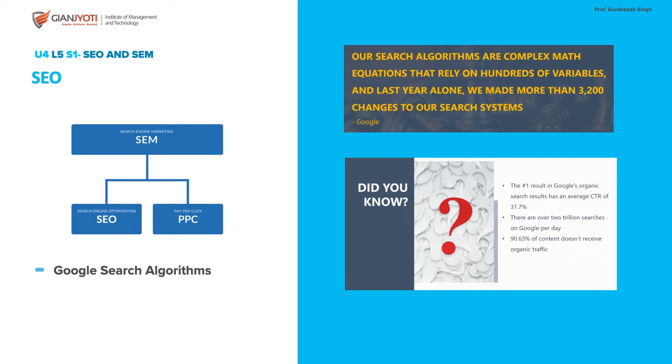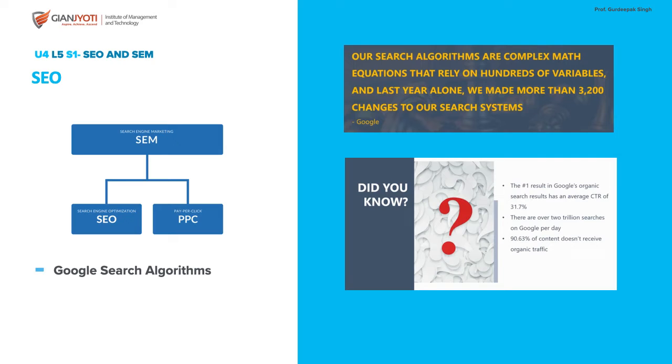We talked about impressions. Out of all the impressions, that means your ad which is shown to all the users, how many clicks have been made on those impressions? That percentage on the number one result, on top of the rank in the search engine, is 31.7. So if you show 100 impressions, only around 31 clicks are there on number one in terms of organic search.